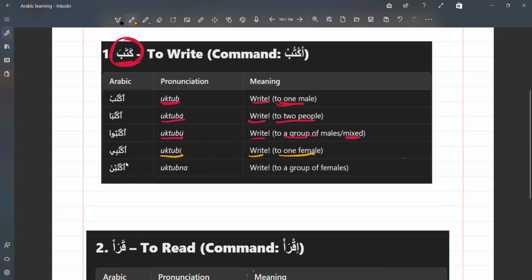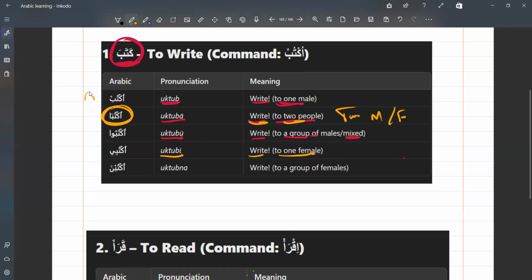And then comes again the word uktuba. Now, please note one thing. This variation uktuba can be used for two people, meaning it can be used for two males as well as two females. That is why we have not written it again later on in the girdan. That is why there are six variations of the command form.